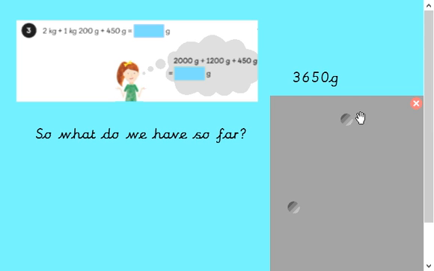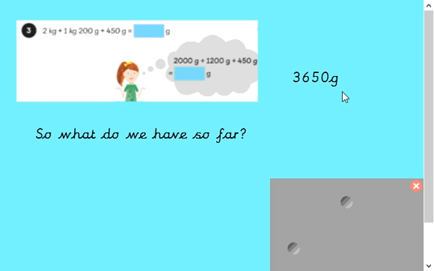You needed 3.5 kilograms of chicken. So, do we have enough? And the answer is yes, we do have enough. If we have 3.5 kilograms, we have 3,500 grams, or we need 3,500 grams, and we actually have 3,650 grams.